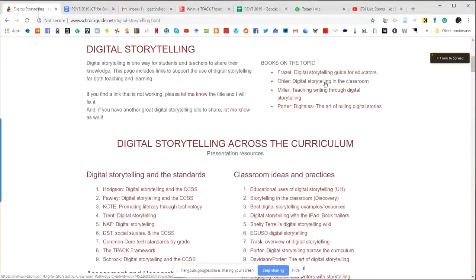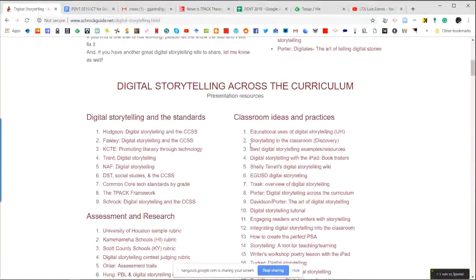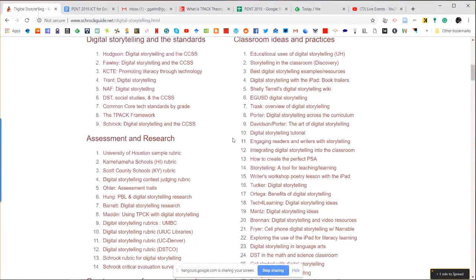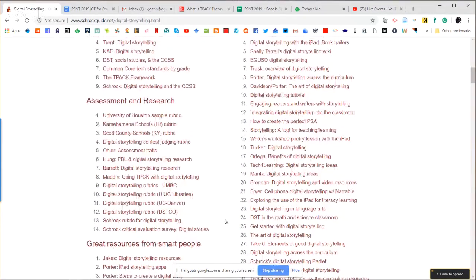And then across the curriculum, she's talking about different subject areas, classroom ideas and practices. So in this case, digital storytelling could take a few different aspects, but certainly podcast and auditory files would fit quite well into that.